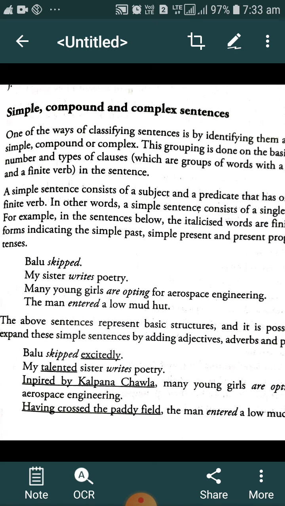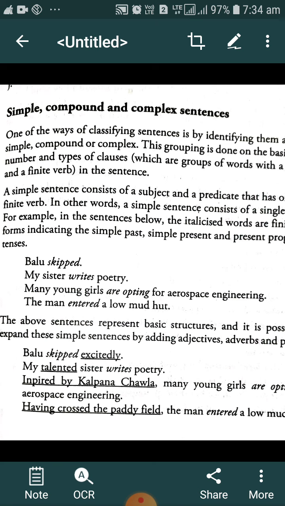The man entered the low mud hut. It also depends on which tense we have to denote our action in. So in a nutshell, we have to keep in mind that a finite verb is changed according to the situation of the subject, whether we have to denote simple present, simple past, past progressive, present progressive, whatever it may be.